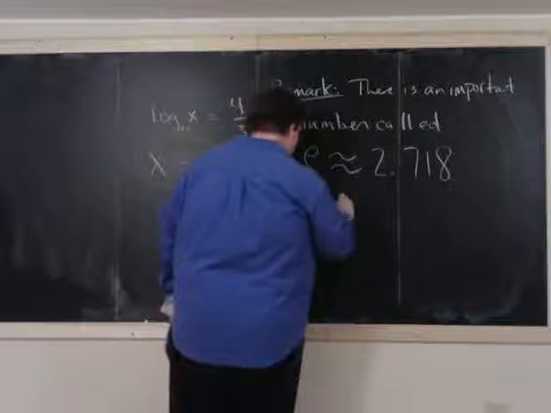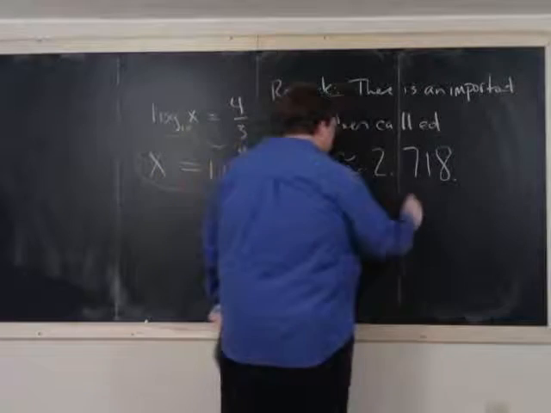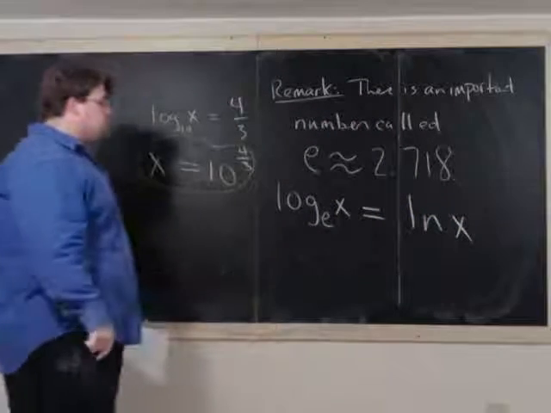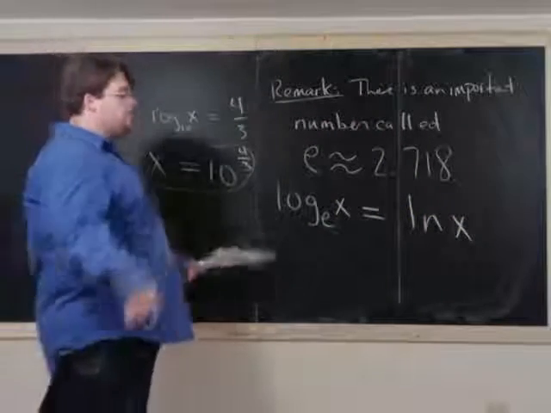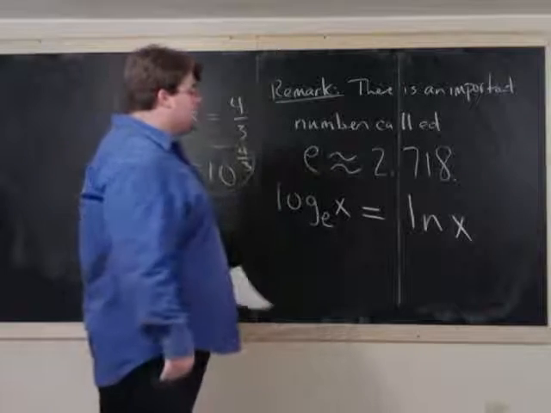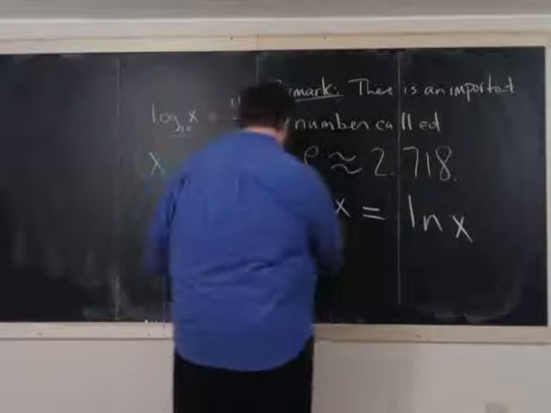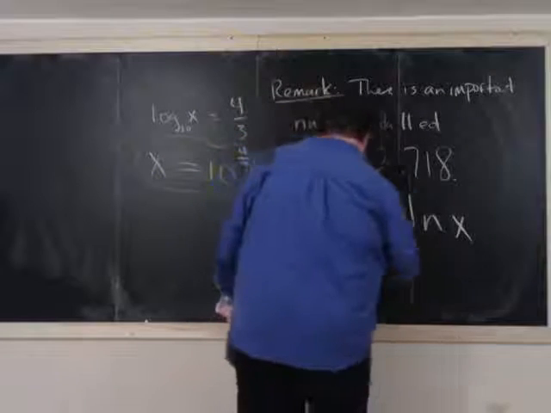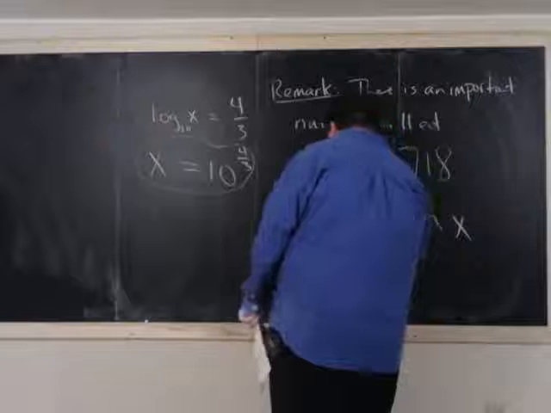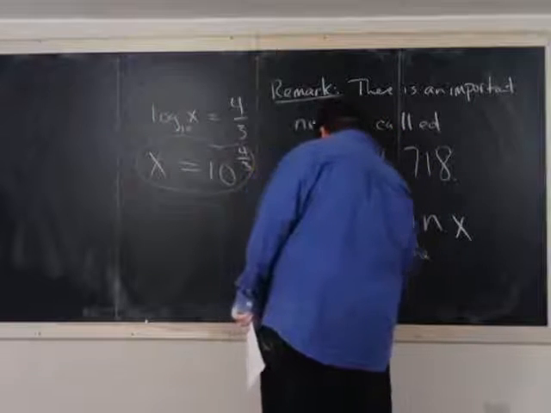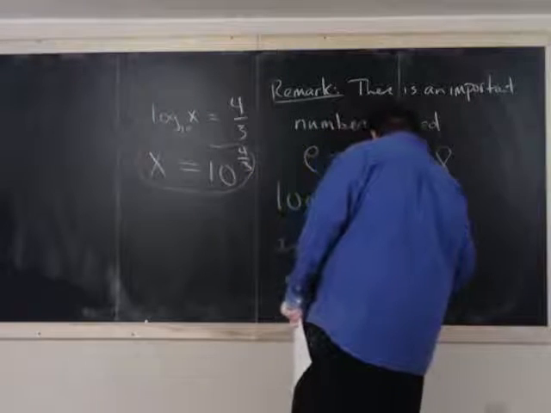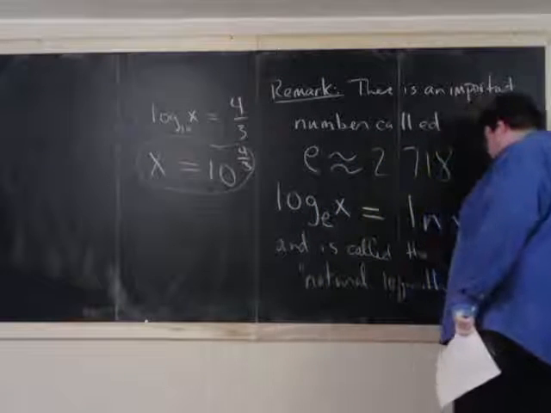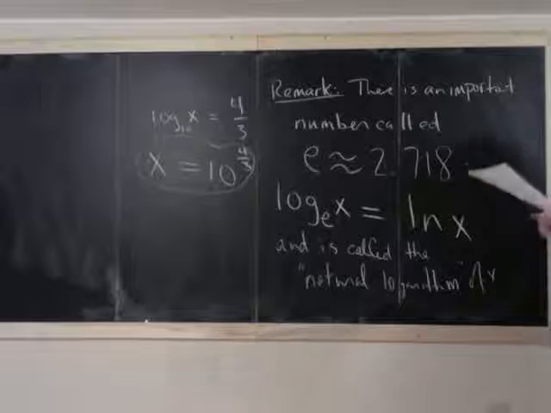Log with base E is abbreviated ln. Log of x with base E is rewritten ln of x, and it's read the natural logarithm of x.